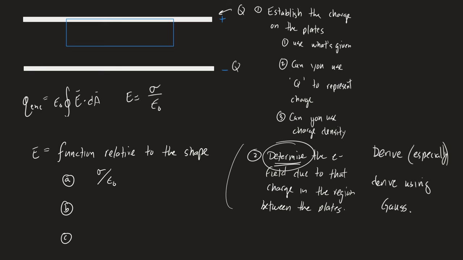For the coaxial cable, which is going to be a line of charge, we're going to have some form of electric field that's proportional to your distance from the center. And if it's a point charge or spherical, we'll have these. These are our basic three shapes, and we expect to see that. They might give you something you have to use here, but this is what your expectation should be.